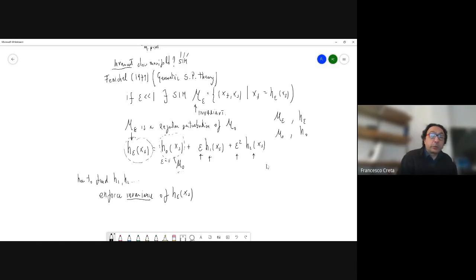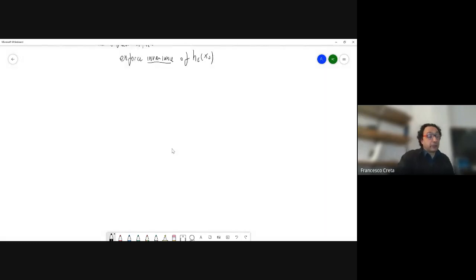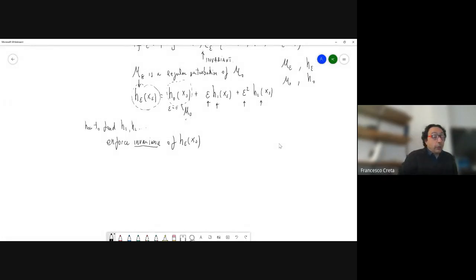Let me remind you, we're trying to find these terms h1, h2, h3, h4, and so on. How do we do this? Well, you take the expression of h epsilon. We know from the definition that the fast species is equal to h epsilon as a function of the slow species.